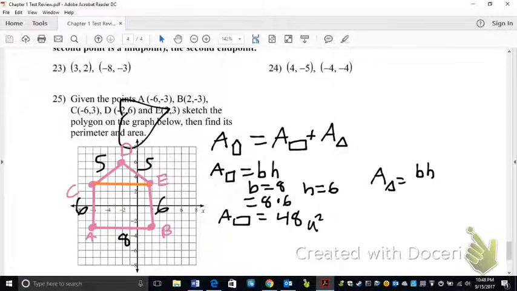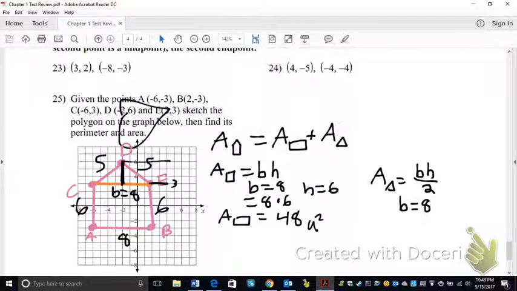So, the area of the triangle. We know that the area of a triangle is base times height divided by 2, or 1/2 base times height. The base is going to be 8 still, and that's this right here. And the height, let's look at the height.